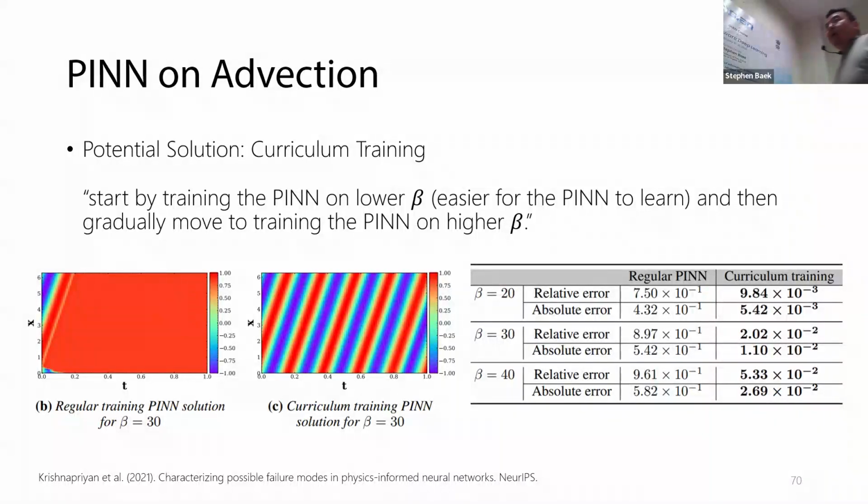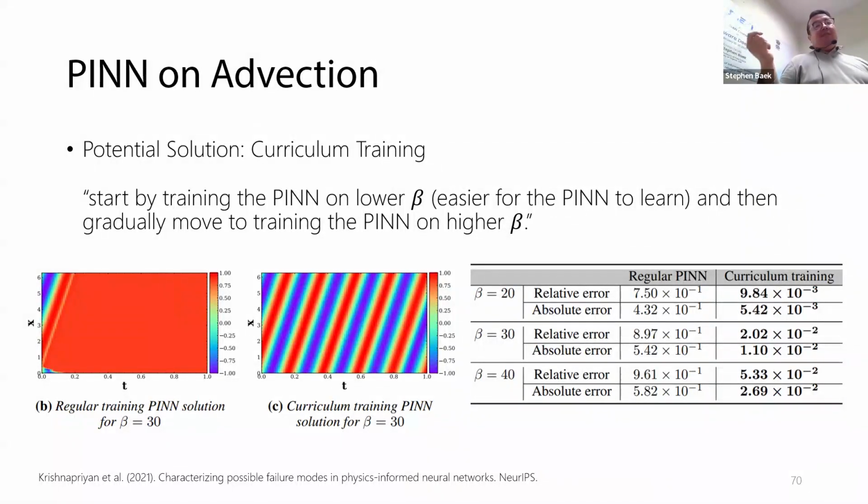Quantitatively speaking, here's a table comparing the error: the regular training of PINN on the left column, and the curriculum training of PINN on the right column. And you can see that there's a multiple orders of magnitude difference in terms of the error rate. So in almost all cases for the training of PINN, curriculum training is a must.